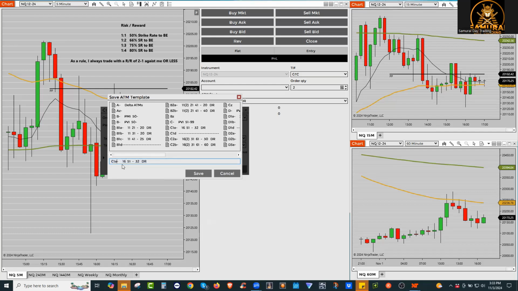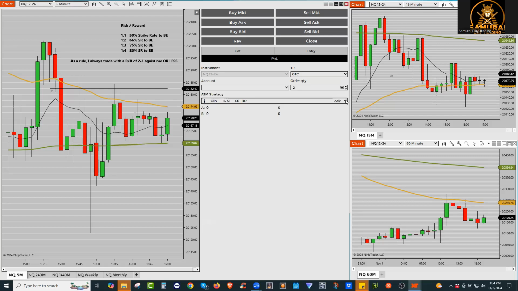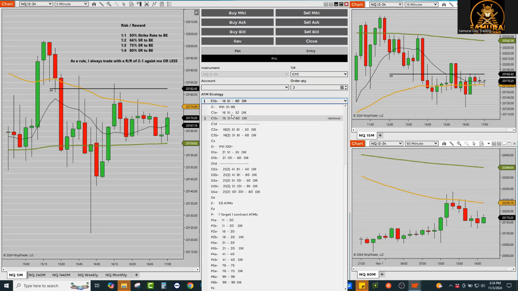Make this C1B. All right, so that's 1-to-1 risk reward going for 16s and 50s, and here's 2-to-1 risk reward against me. Okay, against me. Excellent. Here's my 3 target ATM, 1-to-1 risk reward, 2-to-1 risk reward.